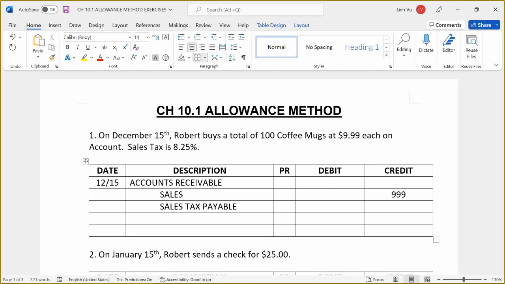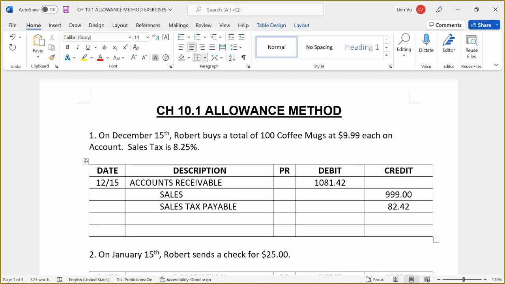Oh no, wait, we're separating it. Okay, 999, and the sales tax is 82.42. I think is what I got. Okay. And that makes your total 1,081.42. Okay. I'm going to take your word for it.